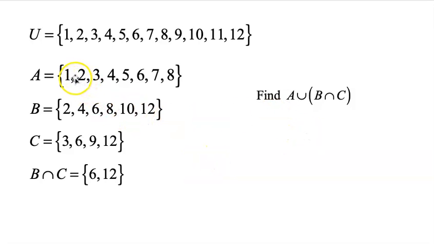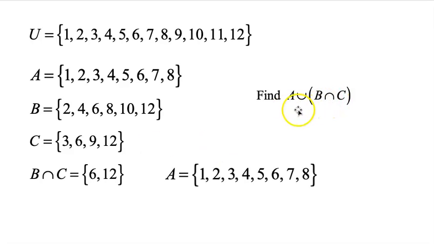A up here gives us 1, 2, 3, 4, 5, 6, 7, 8. Union tells us we're either in this first set or the second set or both. Well, let's see. 1 is in the first set, 2, 3, 4, 5 are in the first set, 6 is in both, 7 is in the first set, 8 is in the first set, 9 is missing, 10 is missing, 11 is missing, but 12 is in the second set.